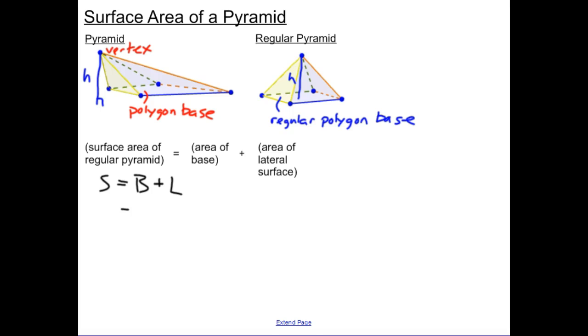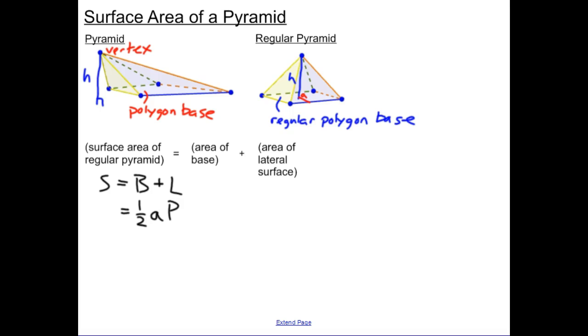Now, we learned earlier that the area of a regular polygon can be expressed as 1/2 times the apothem times the perimeter, P. And the apothem is the distance between the center of the polygon and the center of one of the sides.